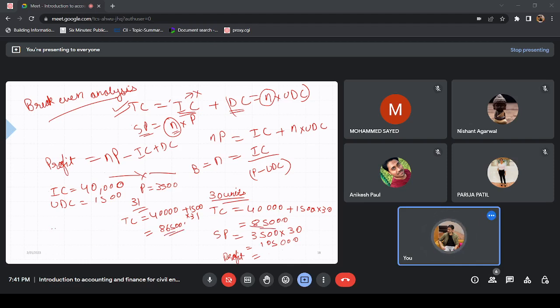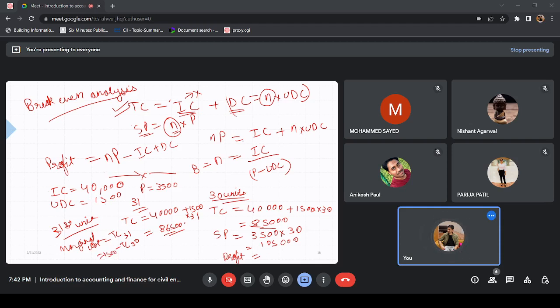So for producing the 31st unit, your marginal cost is TC at 31 minus TC at 30. Right.